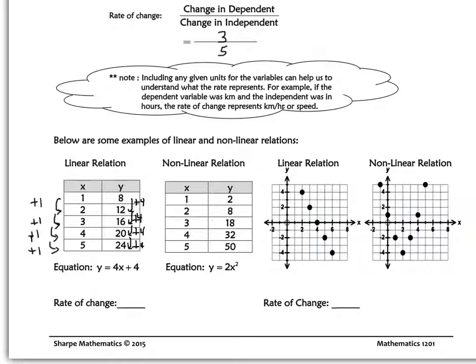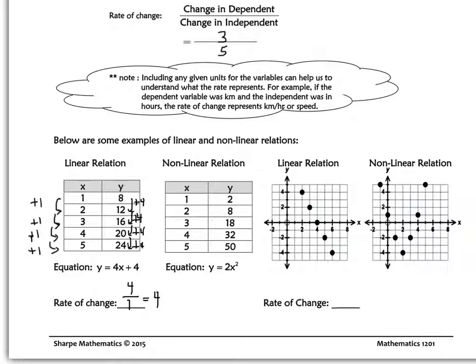So the equation that was used to generate that table was y equals 4x plus 4, and the rate of change, if you look at the change in the dependent variable, was 4, over the change in the independent variable was 1, and that equals a rate of change of 4. We don't know the units for y or for x, so we can't include the units there.